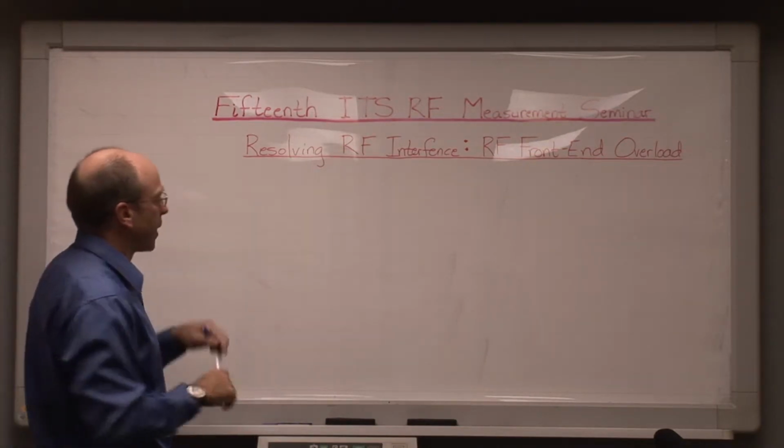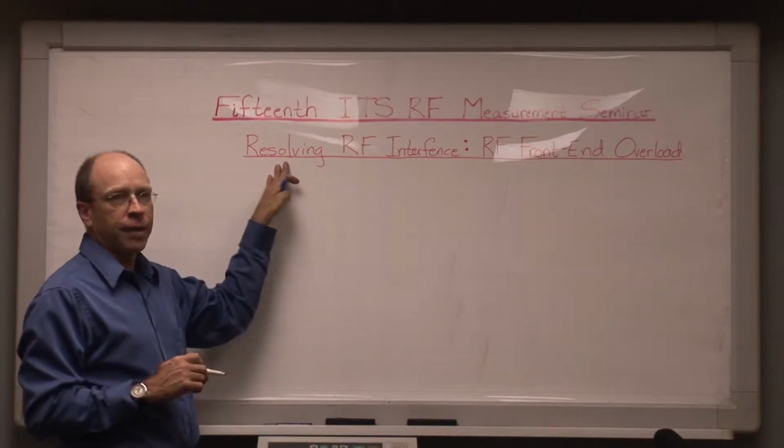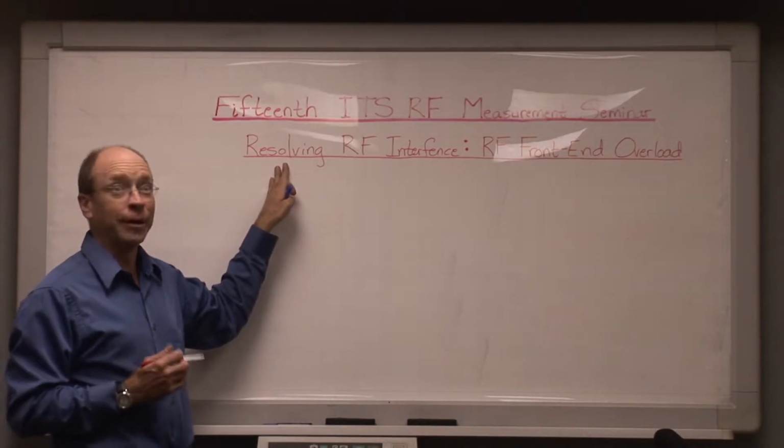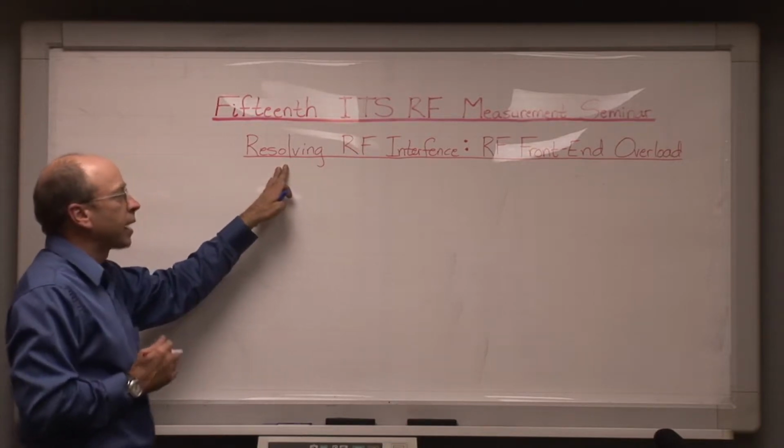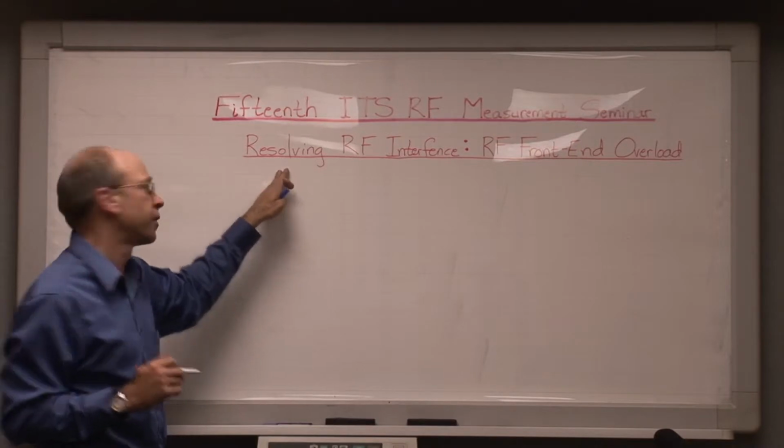The problem that we're going to talk about today is not a result of any artifact of a transmitter's operation, other than the fact that the transmitter is running, but rather is an artifact of the design or lack of good design in the front end of a receiver.